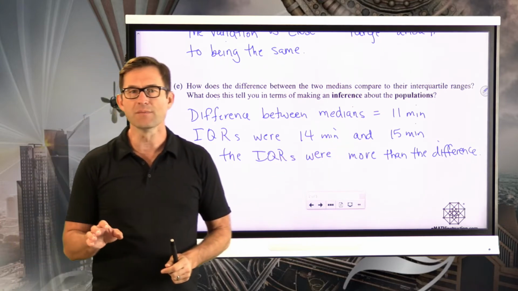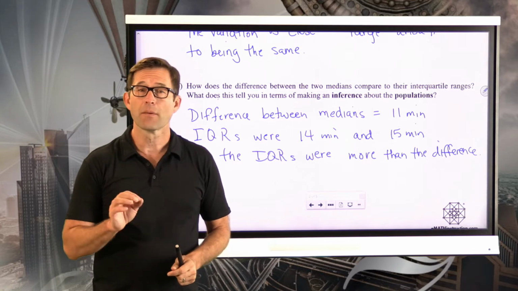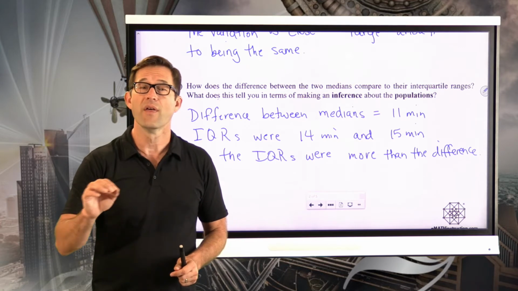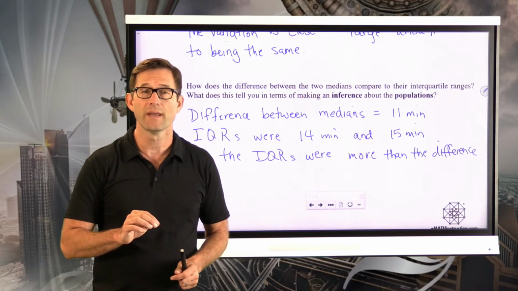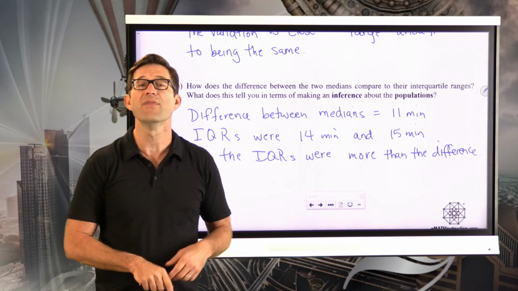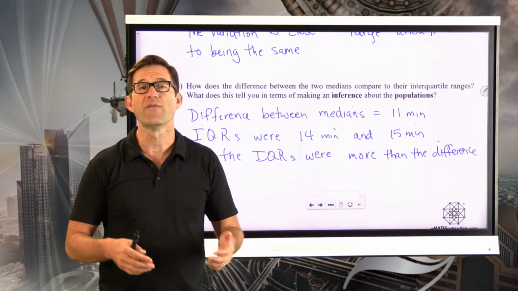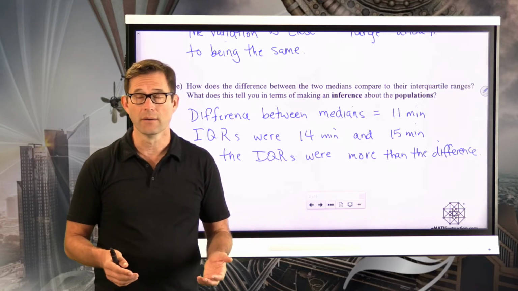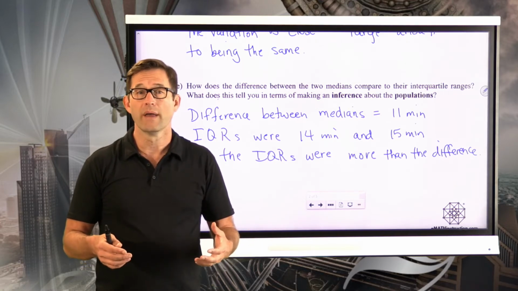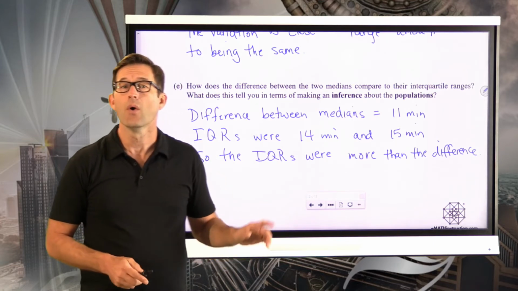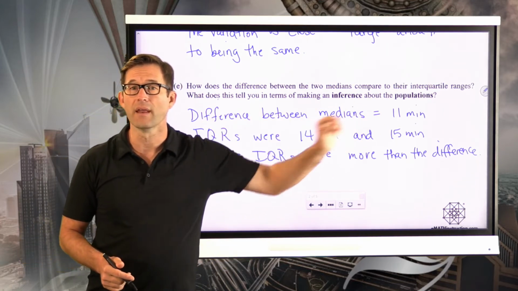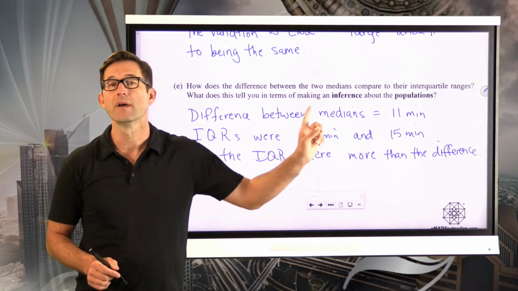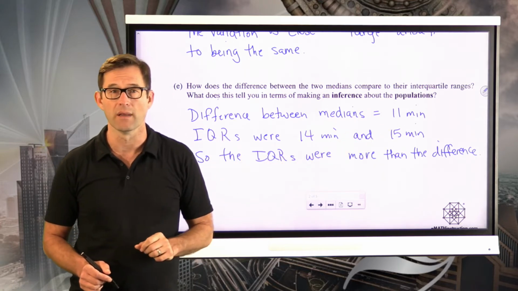Now, what that tells me is that even though it could be that the population of 7th graders has a higher median time spent studying than the population of 6th graders, it could also just mean that in this particular sample, we found that it was higher, right? It could be overall that either it's not higher, or they're just about the same. So we don't feel comfortable in making an inference about the populations because the variation is too large compared to the difference in the two medians.